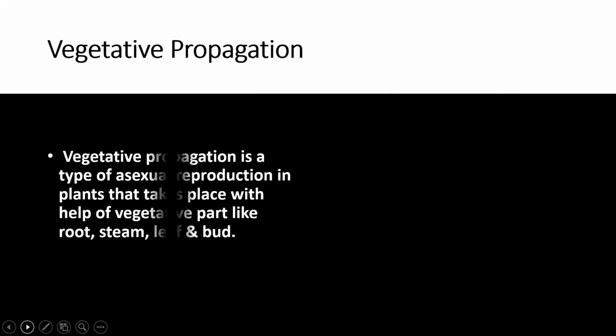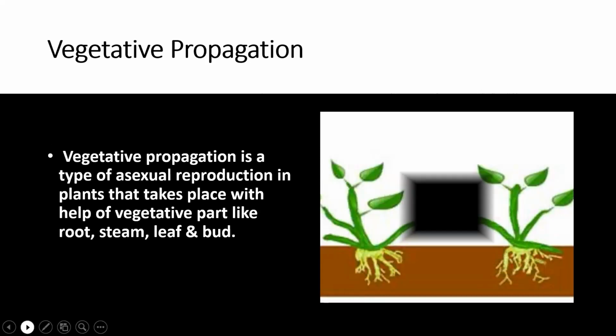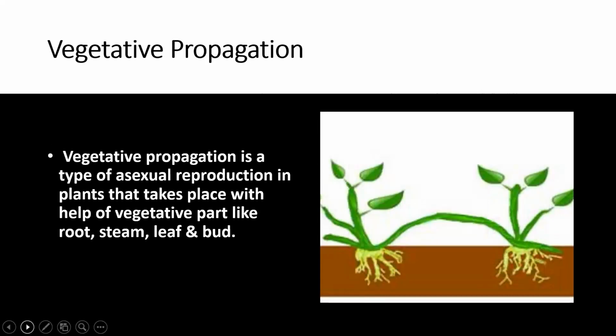Now, what is vegetative propagation? Vegetative propagation is a type of asexual reproduction that we know in plants. It takes place with the help of a vegetative part like a root, a stem, a leaf, or a bud.